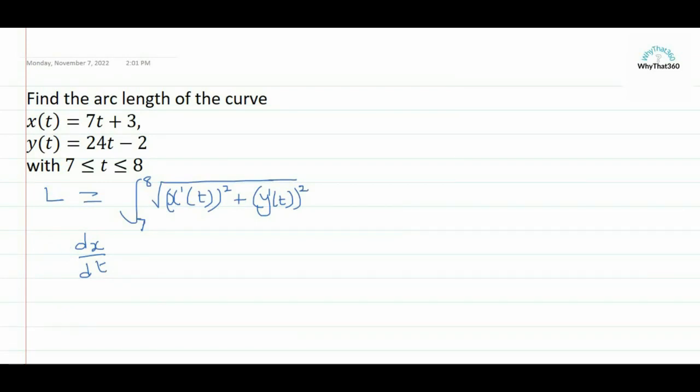We say that one will be equal to the derivative of 7t plus 3, and that will be equal to 7. We will also do the same thing for the y function.